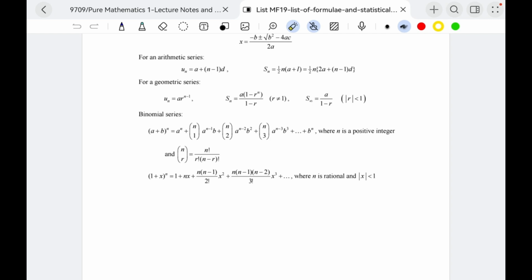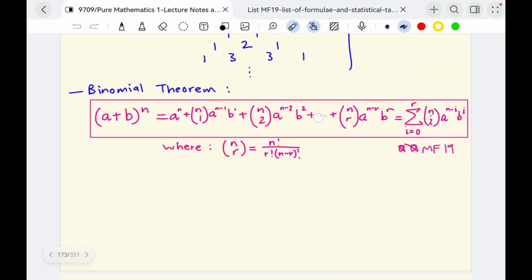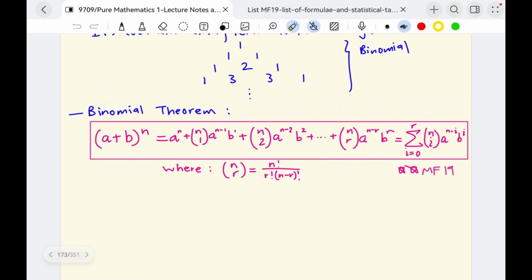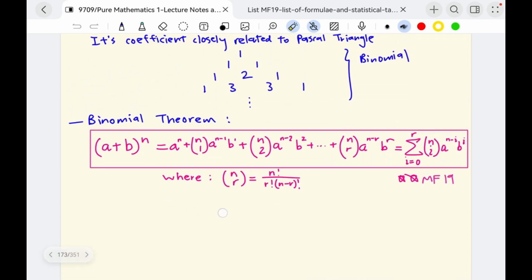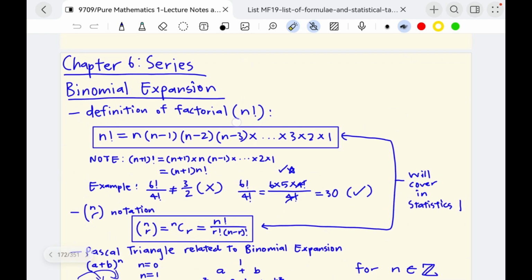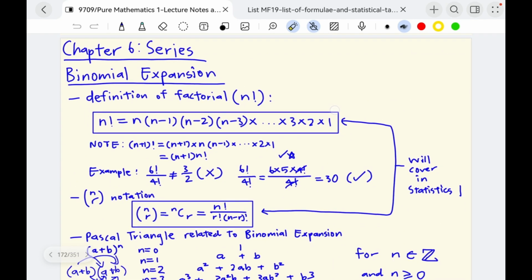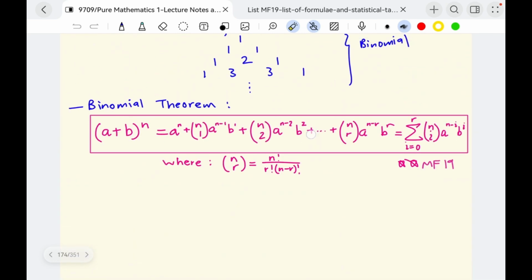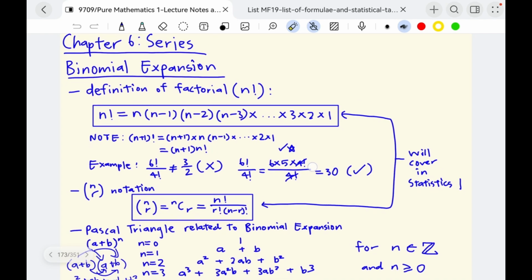So no worries when you're dealing with binomial expansion questions in your actual external examinations. So we have ended the discussion of 6.1, one of the crucial subtopics in this chapter.